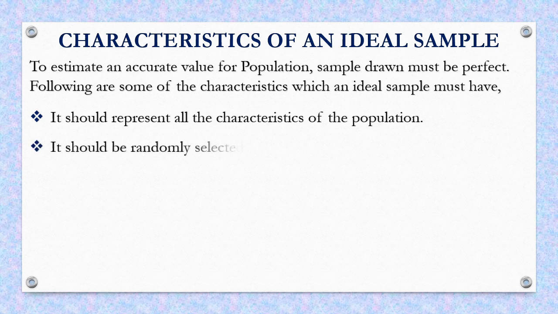It should be randomly selected. Now it is very important. A randomly selected sample means that when we are selecting a sample from the population, no single unit should be given more or less importance.